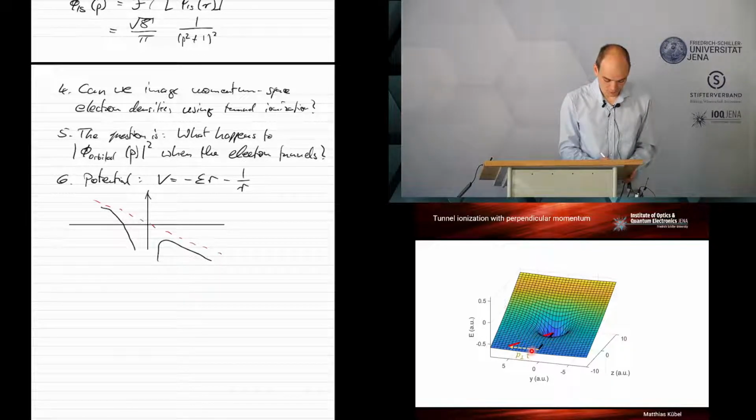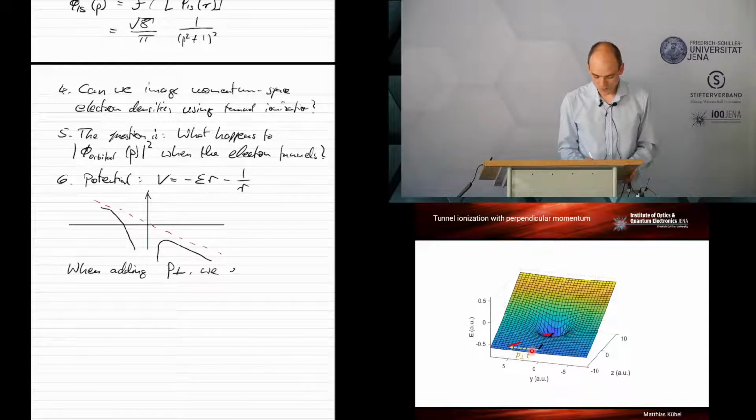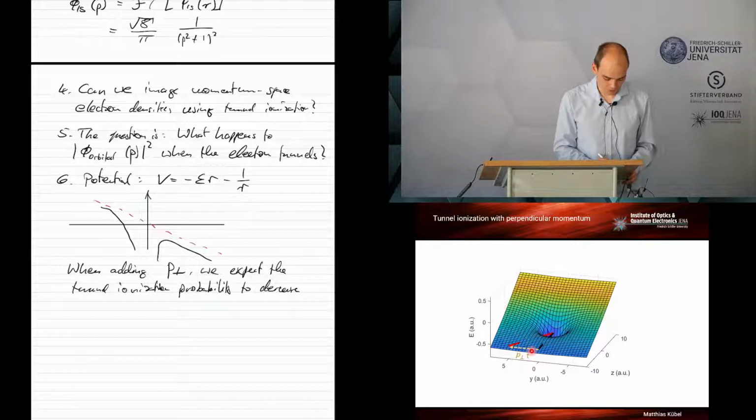So when adding P perpendicular, we expect the tunnel ionization probability to decrease, probably exponentially.